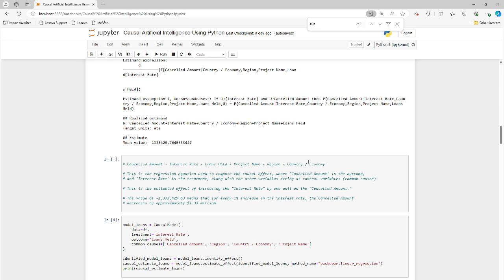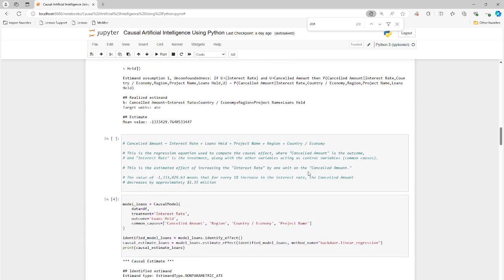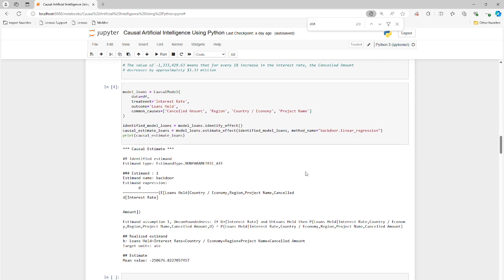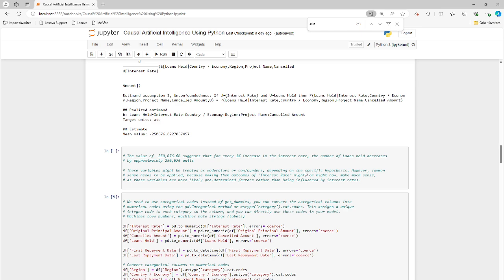So this regression equation uses a cause and effect. The dependent variable is the canceled amount. This is the outcome, and the interest rate is the treatment. This is the independent variable, right? So pretty nice. We have some pretty easy and straightforward inputs and easy to understand outputs that go nicely together.